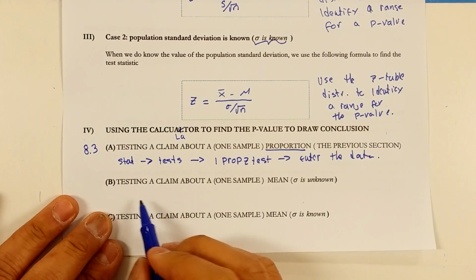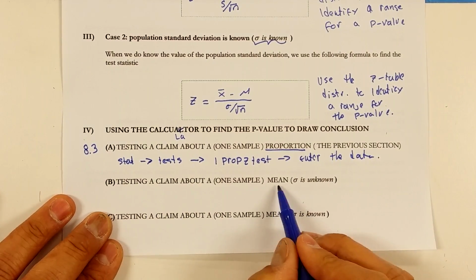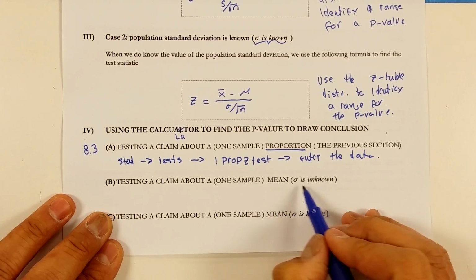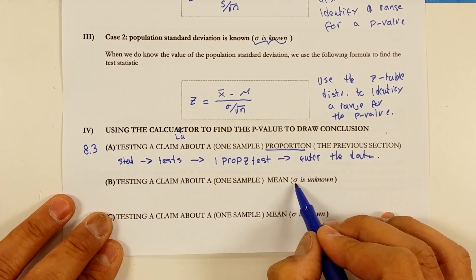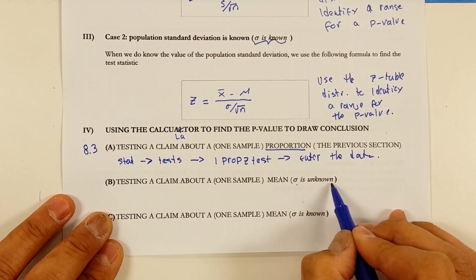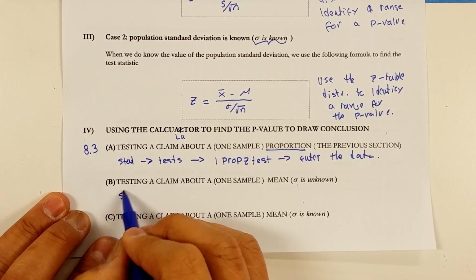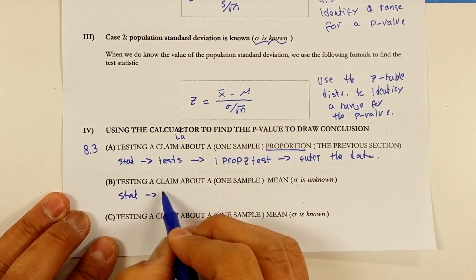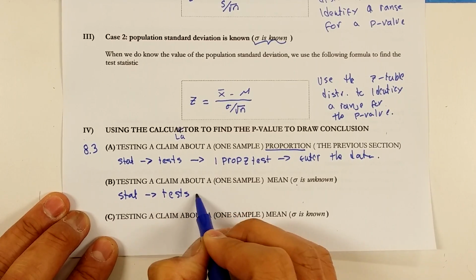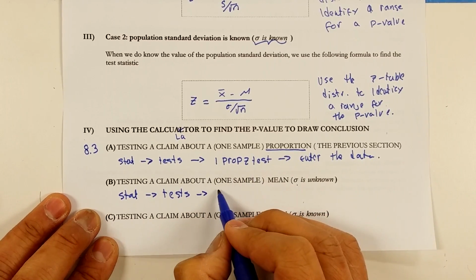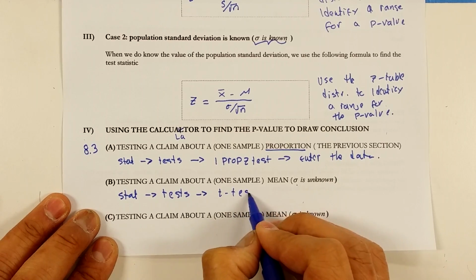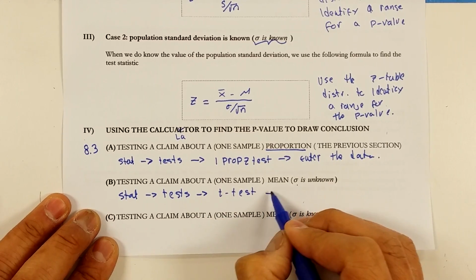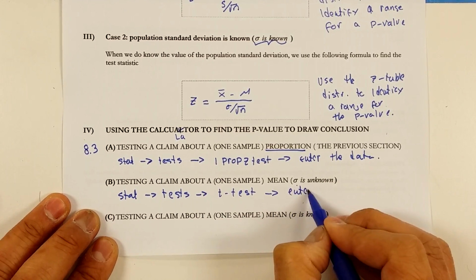If we're testing a claim about a mean, which is what we're doing today, and sigma is unknown, which means we don't know the population standard deviation, then the calculator can be programmed by typing in the following steps. We're using T-Test, and then you enter the data.